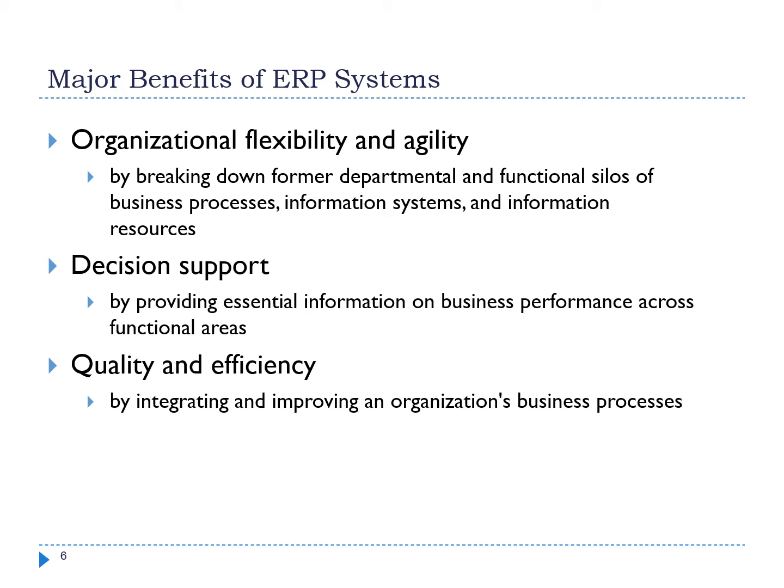Additionally, ERP systems provide essential information on business performance across functional areas to support decision-making. ERP systems also ensure quality and efficiency by integrating and improving an organization's business processes. They make significant improvements in the quality of production, distribution, and customer service.